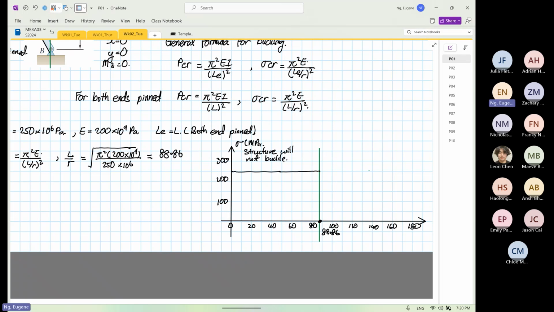And on the right hand side, the structure must be analyzed for buckling. Because when we have a structure that will buckle, the stress level that it can withstand will drop. The bigger your L over r ratio, the lower the critical stress the structure can take.